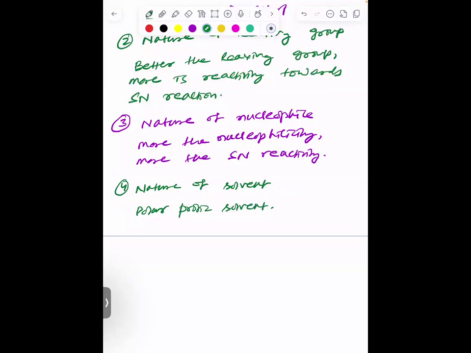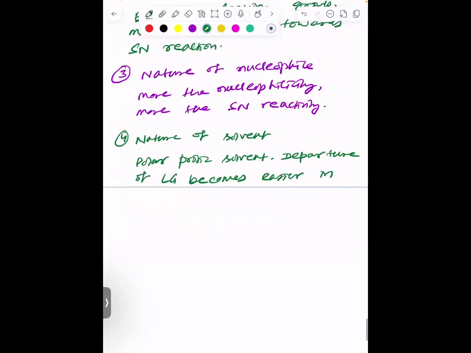Because departure of the leaving group, LG, becomes easier in polar protic solvent.